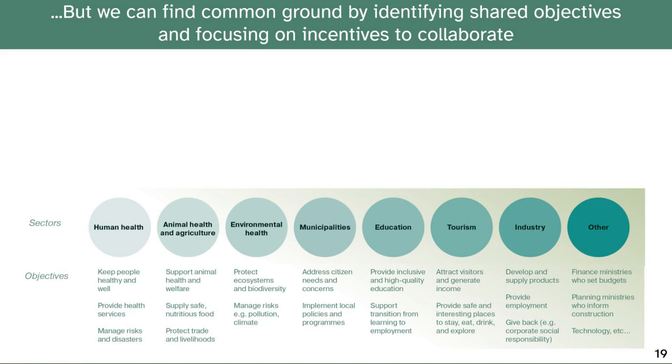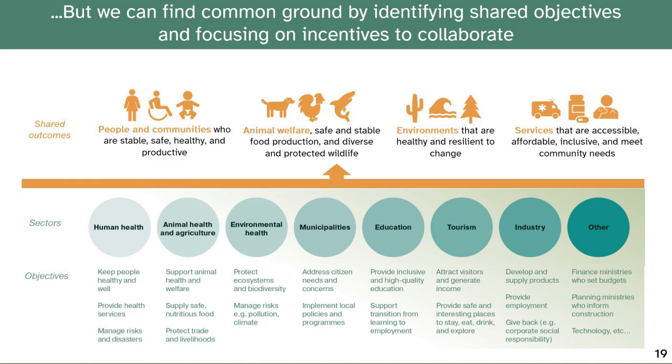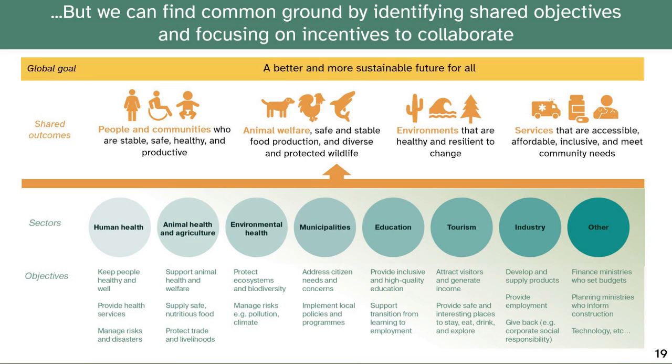These sectors are likely to have different objectives, but they can come together to achieve shared outcomes, such as having stable, safe, healthy, and productive communities, ensuring animal welfare, safe food production, and protected wildlife, making sure that environments remain healthy and resilient to change, and delivering services that are accessible, affordable, inclusive, and meet community needs. This ultimately supports the achievement of a better and more sustainable future for all. This is the ultimate goal of the Sustainable Development Goals.